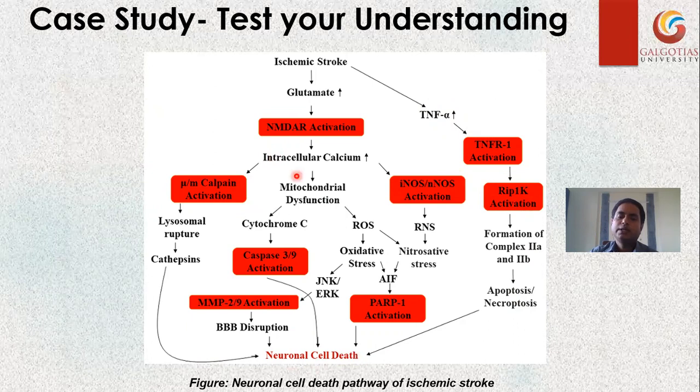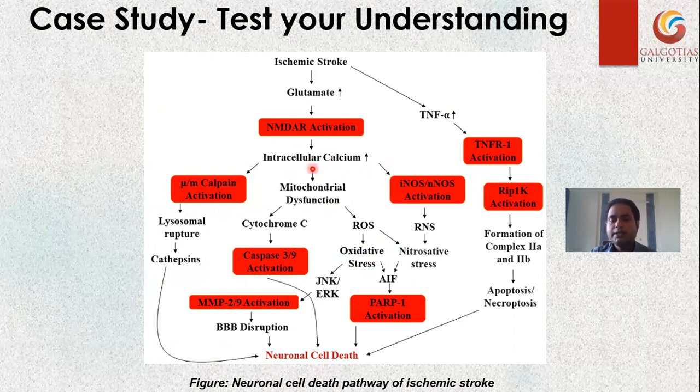Also, the intracellular calcium level enhancement can activate mu-calpain and m-calpain that results in lysosomal rupture, and it can cause neuronal cell death via the cathepsin.